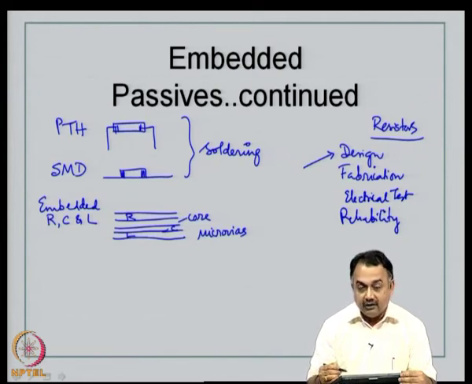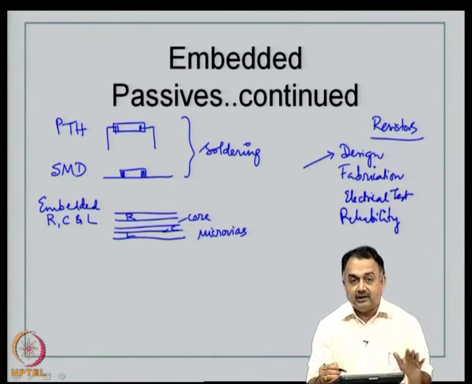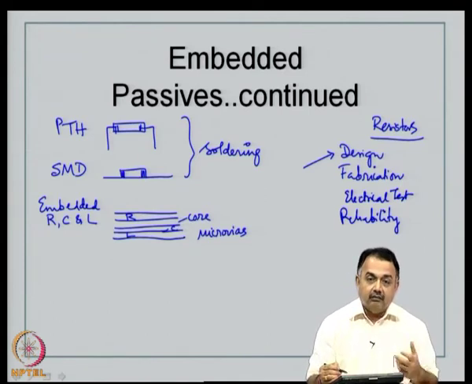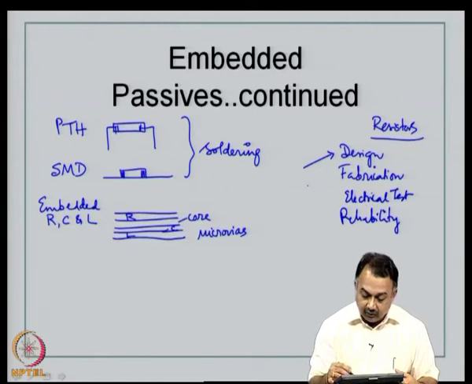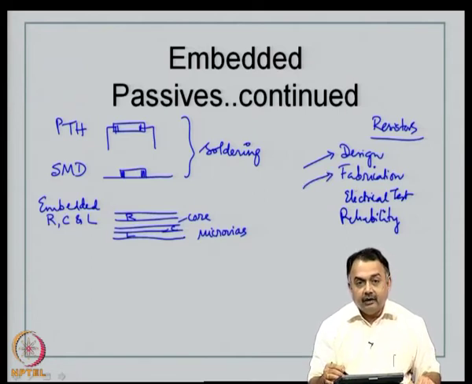As I mentioned in the last class, there are no set standards as far as library modules in the CAD system for embedded resistors and capacitors. So, you as a designer need to know how well you can exploit your design knowledge in integrating and fabricating these devices into the system level printed wiring board compatible format.